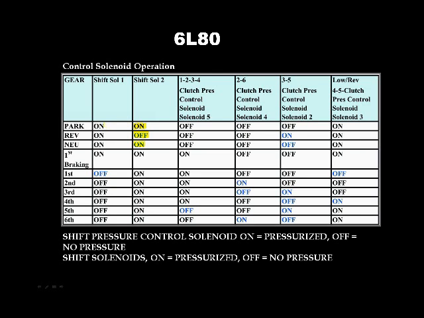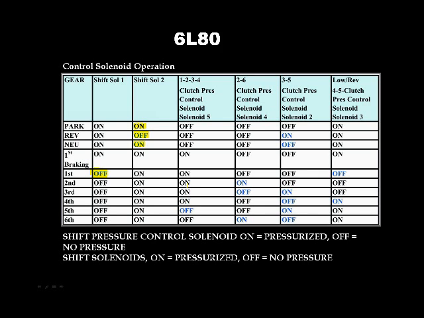Shift solenoid number 1, on the other side of the coin, is in the on position anytime we're in park, neutral, or first. When we go into regular overdrive range, we move this shift solenoid into the off position. That will move the transmission into forward range so that we're ready to make the shifts. The rest of the transitions you're seeing on the right-hand side of the screen have to do with making each particular shift.